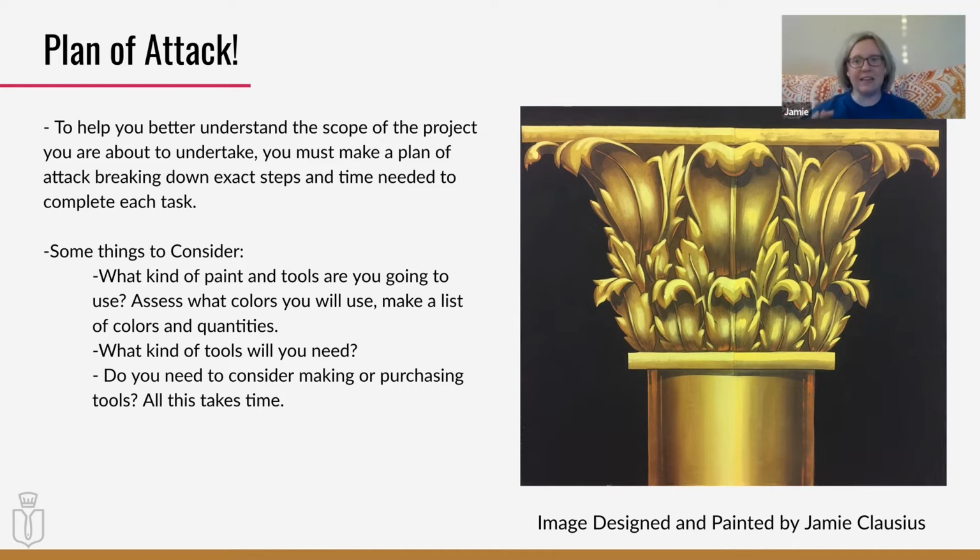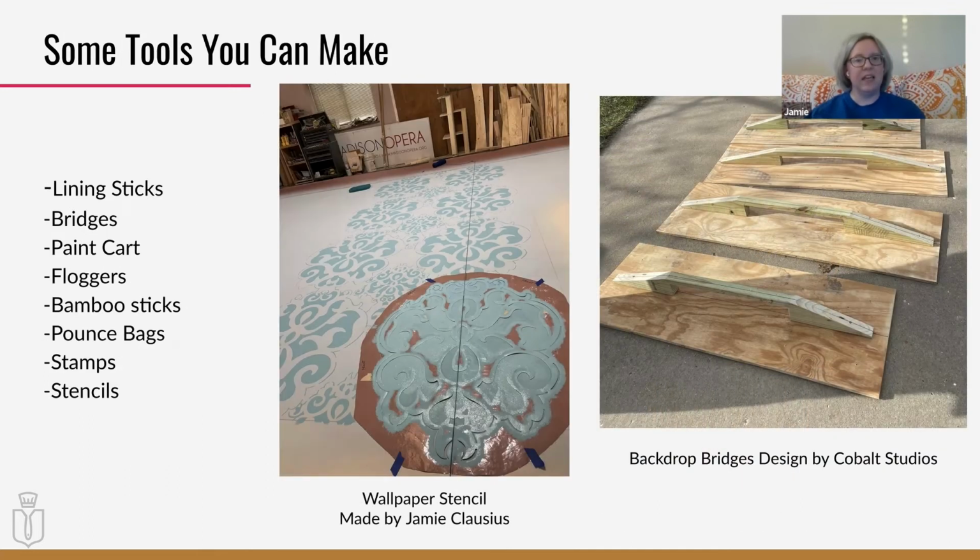And in the end, as artists, we need to make sure that our time is really paid to ourselves as much as to other people on our crew, if you have the ability to do so. Some tools that you can make are lining sticks and bridges.